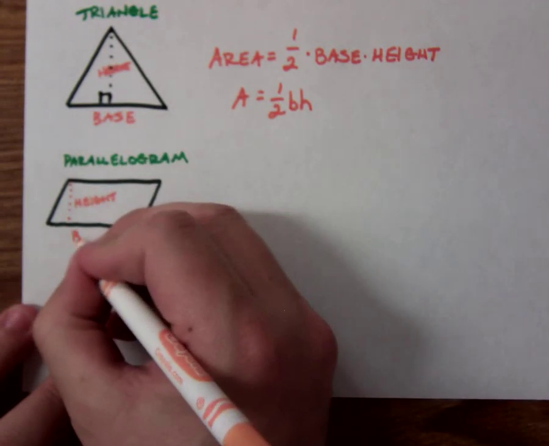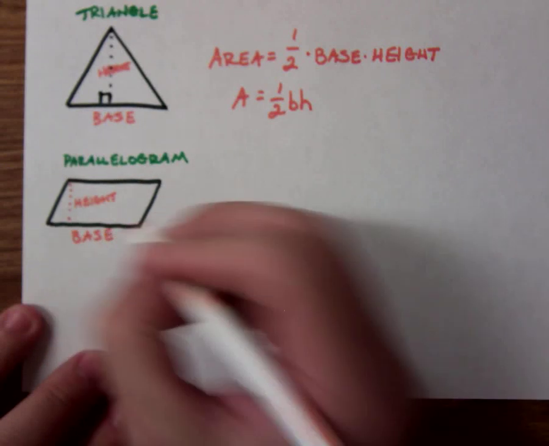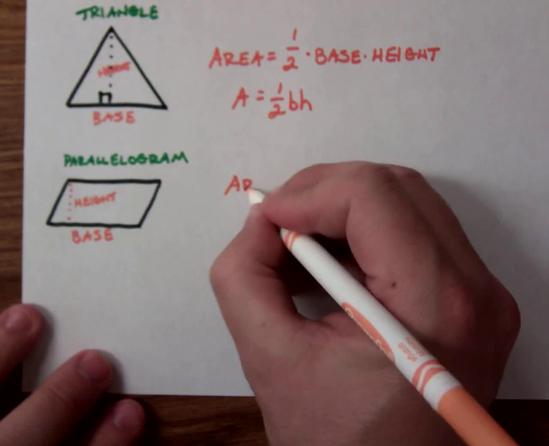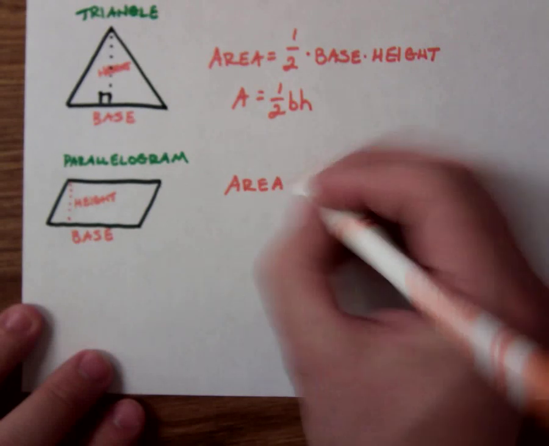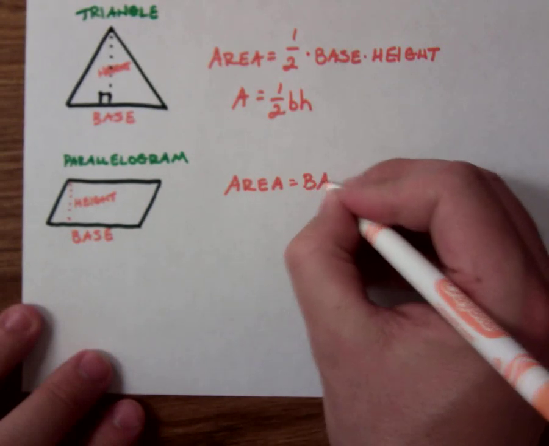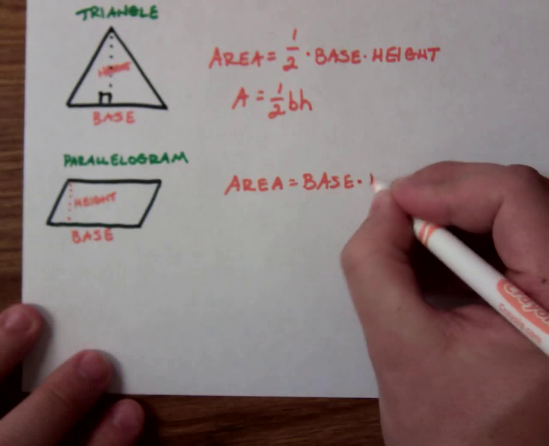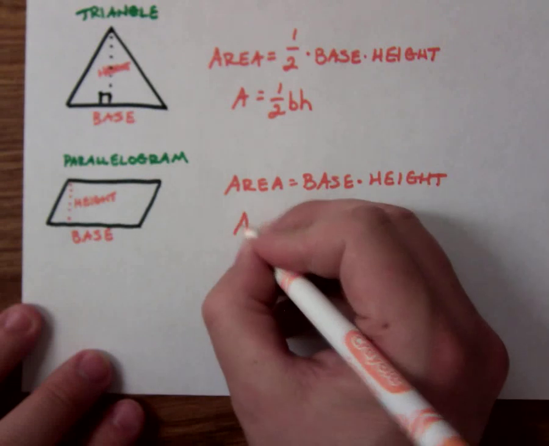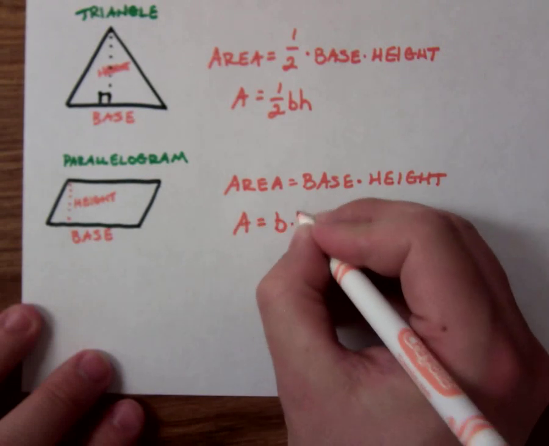Height and base. Area of a parallelogram is much simpler than the area of a triangle. It's just base times height. Or you could say A equals B times H.